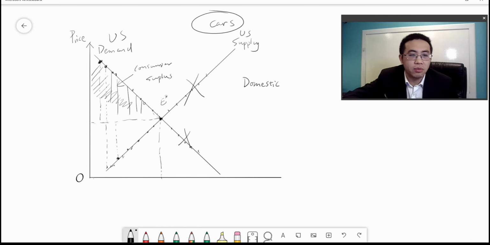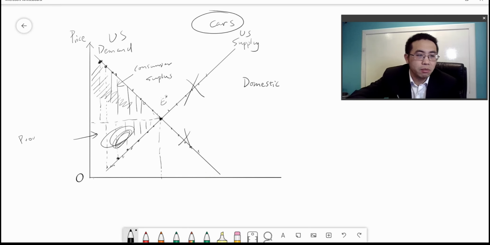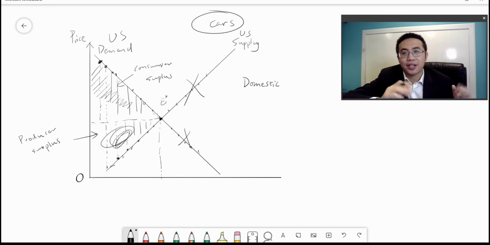Number three and all these producers are happy too. Altogether, this area is called producer surplus. That measures how happy the producers are as a group in terms of gaining utility, and that's the technical terminology. Still, we get the idea that producer surplus is a benefit, and consumer surplus is a benefit as well.